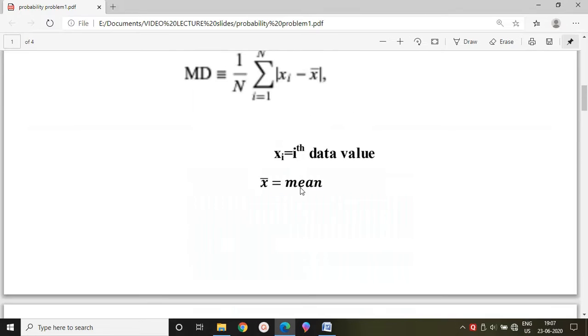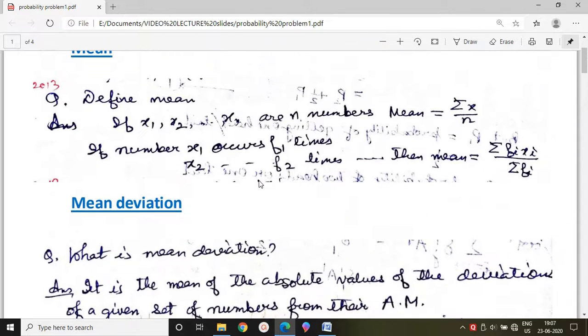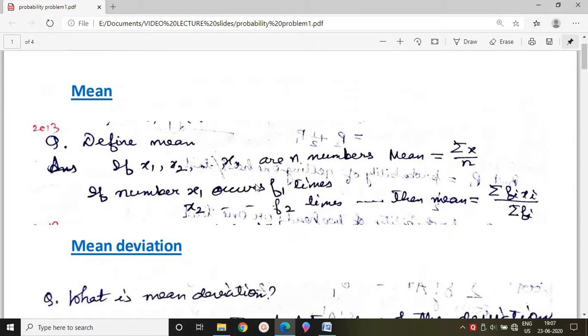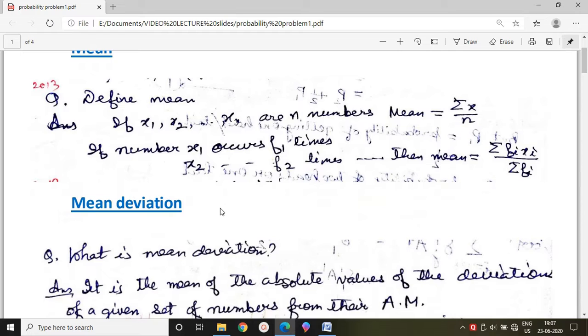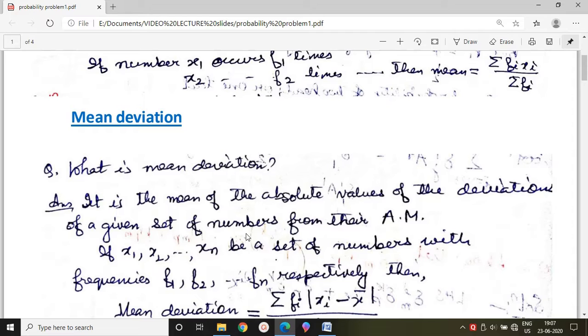Moving on, let us go to our next definition. We have already tried to explain the mean. Next, we'll discuss mean deviation. What is mean deviation? It is the mean of the absolute values of the deviations of a given set of numbers from their arithmetic mean.